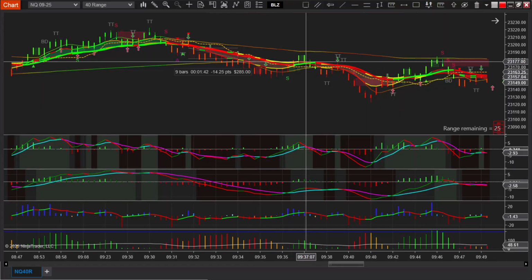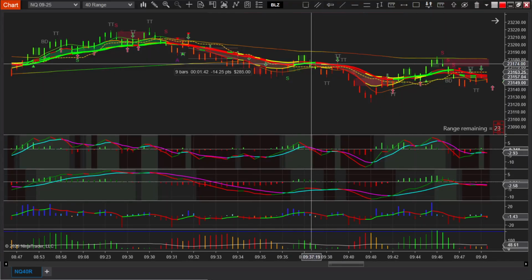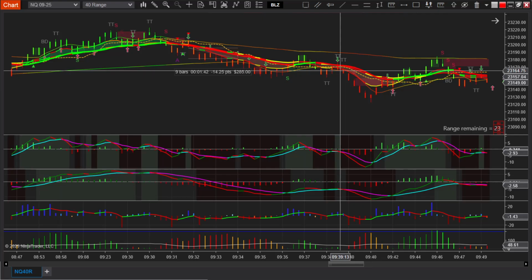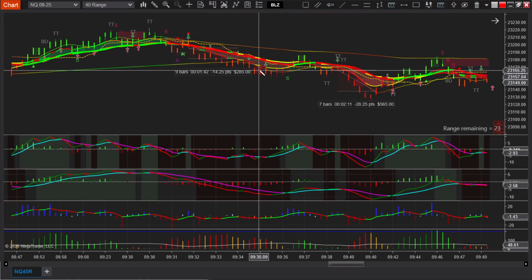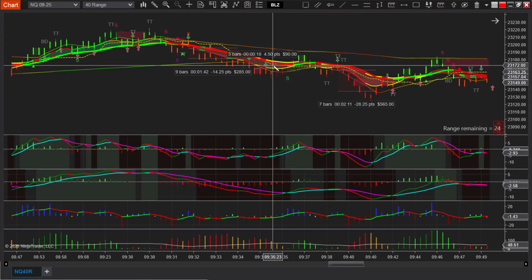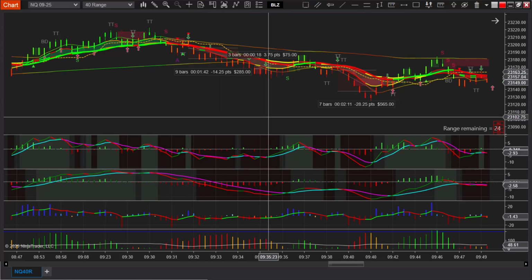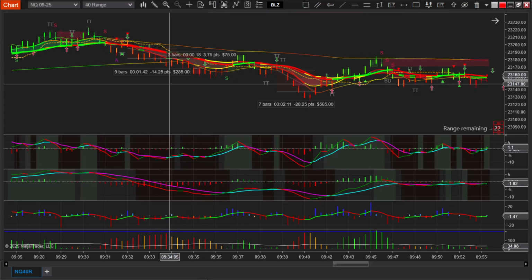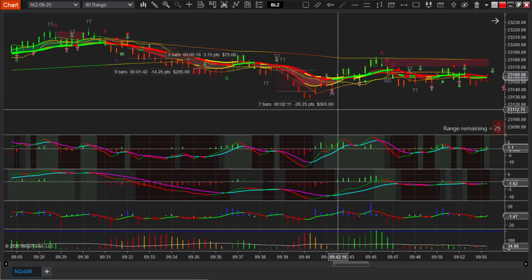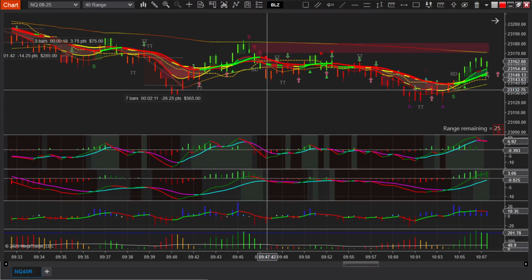So this one here, create entry, you pull down, and I'll retest. This one would have been from here to there. I would have lost 75. Yeah, 285, lost 75, 565.